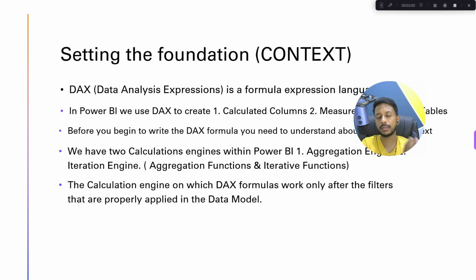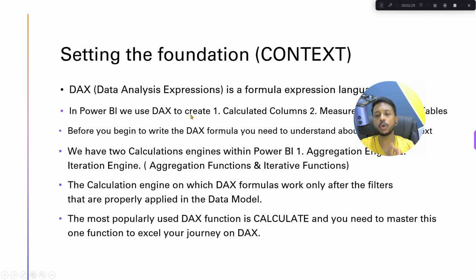First, the data model will be in place, whatever data model you have created, the flow of direction of the filter, if you remember, from one table to the other table, the fact table. Depending upon the flow of direction of the filter, only after that the engine works. So first, how the filter should be propagated in the data model, and then comes the calculation engine.